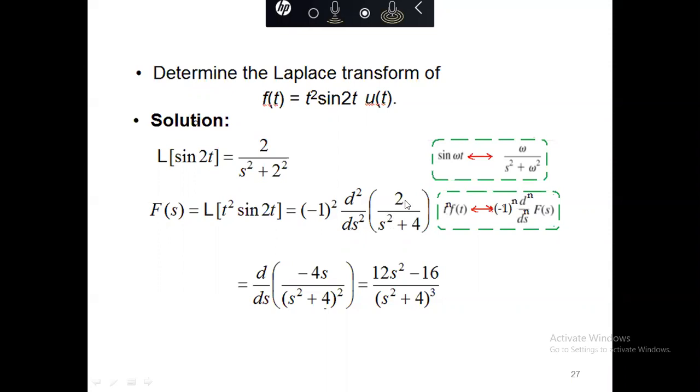We take the derivative and get minus 4s over (s squared plus 4) squared, and taking the derivative again, we have (s squared plus 4) cubed in the denominator and 12s squared minus 16 in the numerator. So this is the Laplace transform of this function.